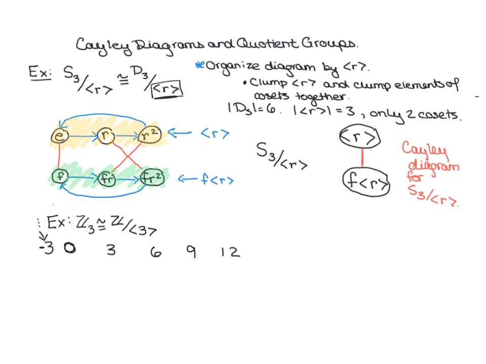And then, well, they can't be connected right away because there's only one generator and they rely on the other elements. So I'm going to have to write out those elements as well. So another coset is the things that are one more. And then the third coset are the things that are two more. Okay.